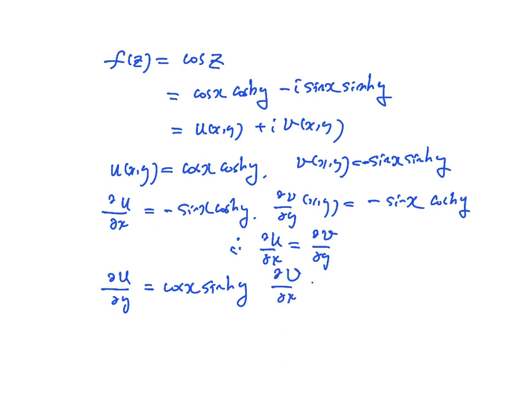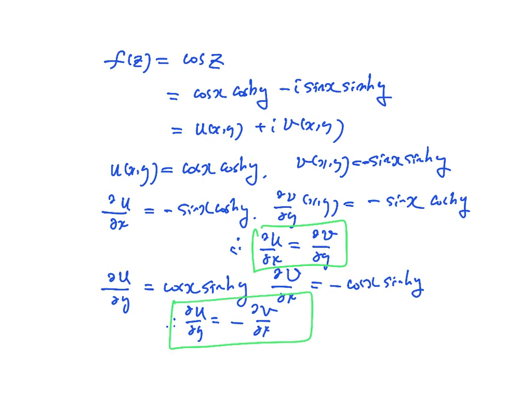Partial x partial v: you have minus, take the derivative of sine x, it is cosine x, and sine hyperbolic y. So partial y partial u is minus partial x partial v, right? So we have two conditions satisfied. Cauchy-Riemann condition is satisfied.